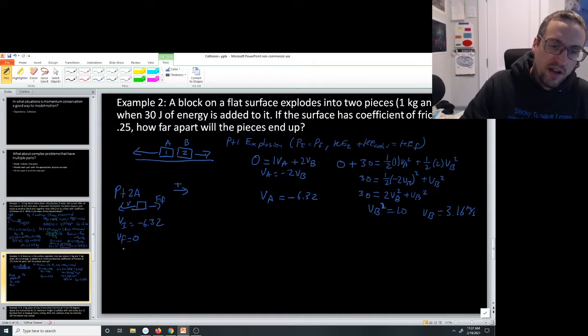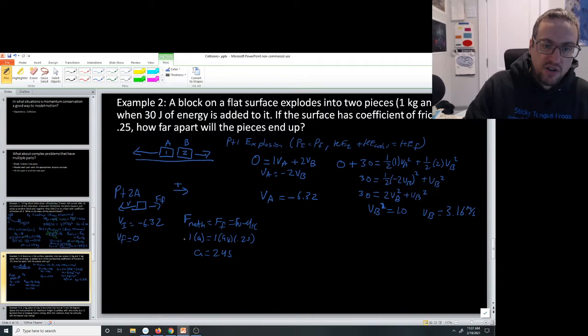Okay? And then we have acceleration. The way we find acceleration is F net horizontal equals force of friction, which is normal force times mu K. So this is 1 times A equals 1 times 9.8 times 0.25. A is going to equal 2.45. I've got change in X equals V initial times time plus 1/2 A T squared, but that's a really bad way of doing it.